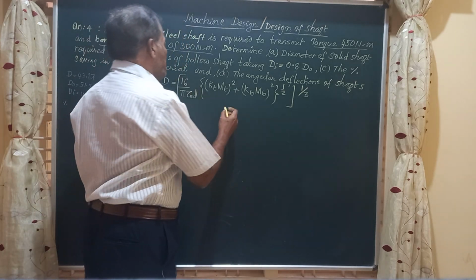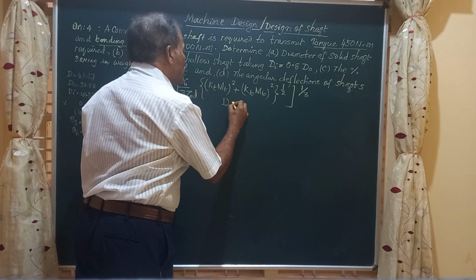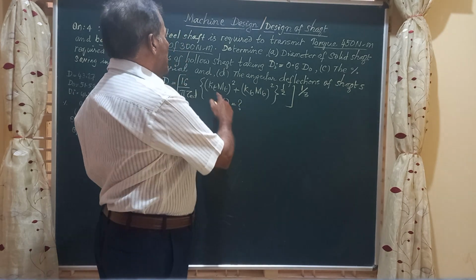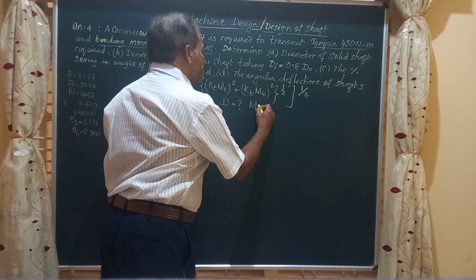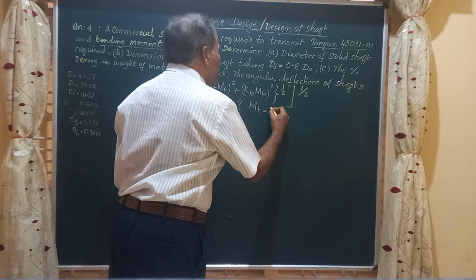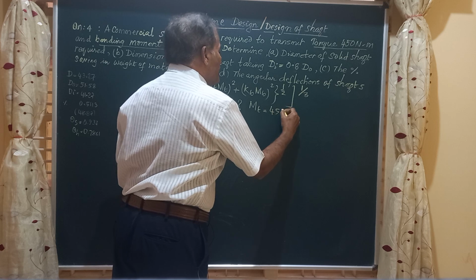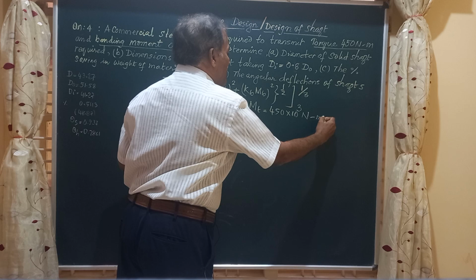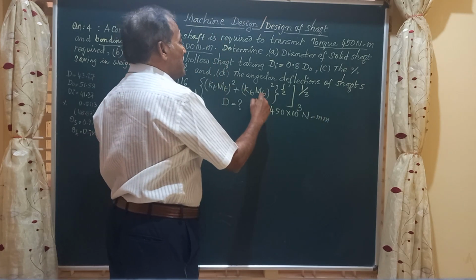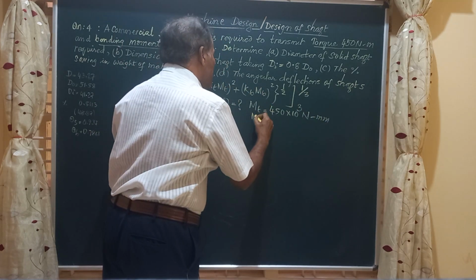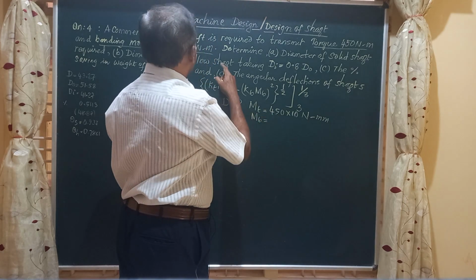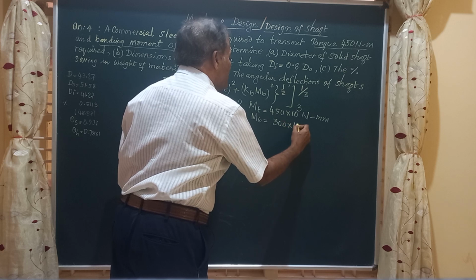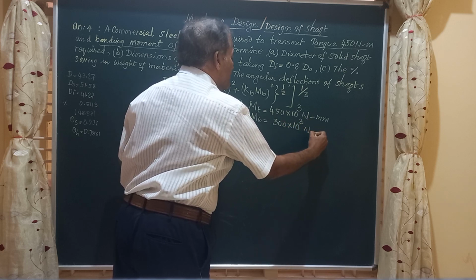Here, first of all, this D is to be found out, so it is put under a question mark, and we have this M_t is equal to 450 Newton meter, so 450 into 10 to the power of 3 Newton millimeter. Similarly, we have got this M_b, the bending moment, that is equal to 300 Newton meter, so 300 into 10 to the power of 3 Newton millimeter.